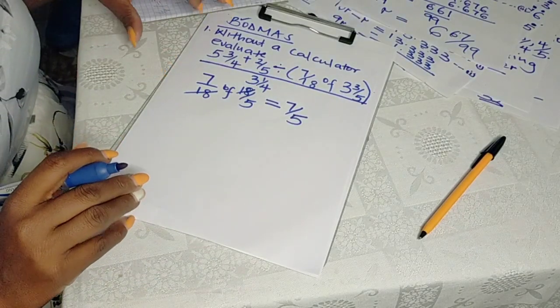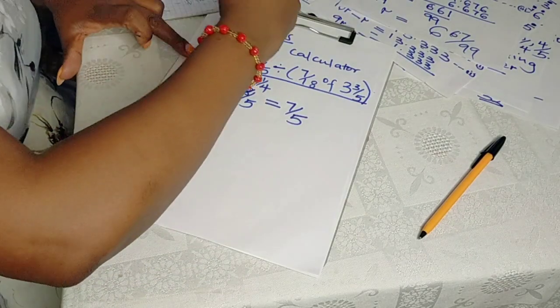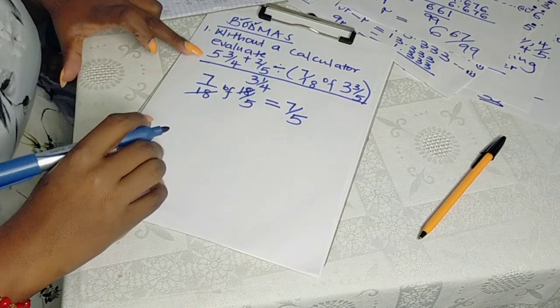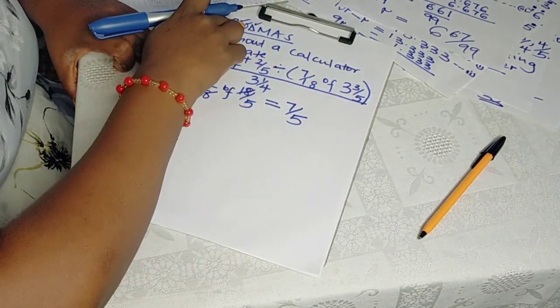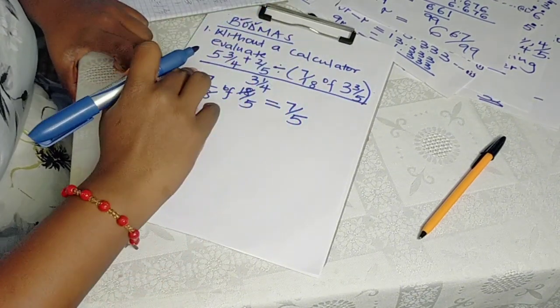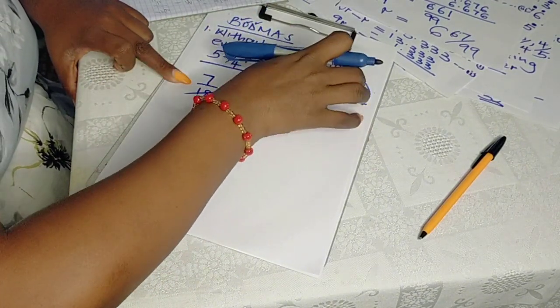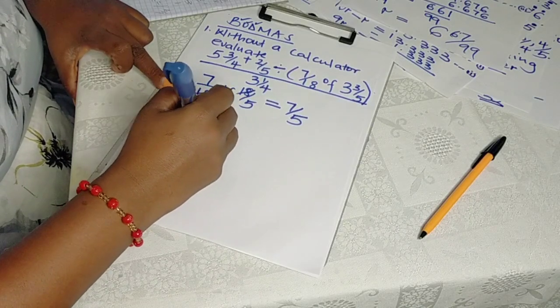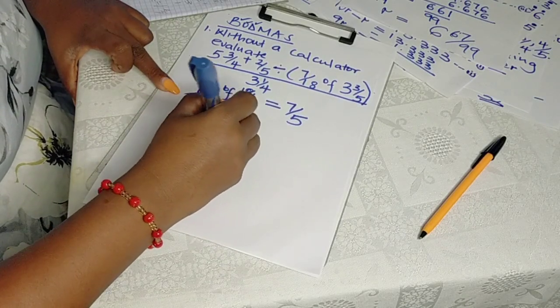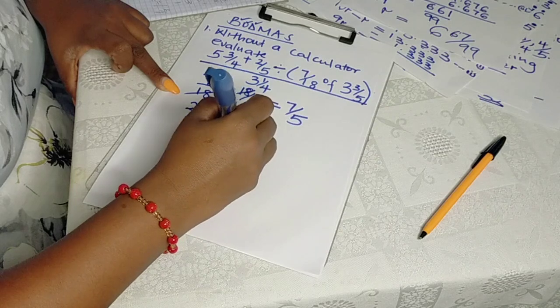Now let's move on to the second, which is division. Actually, this was brackets together with of, so we have dealt with both. Now we move on to division. So we have 2 over 5 dividing the answer we got from this bracket. So we shall say 2 over 5 divided by 7 over 5.